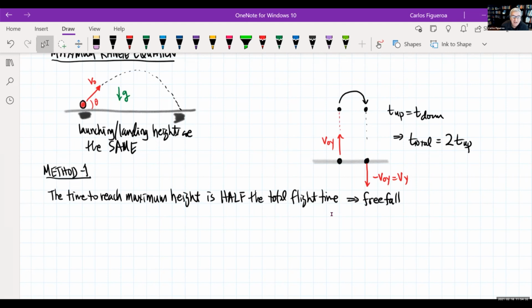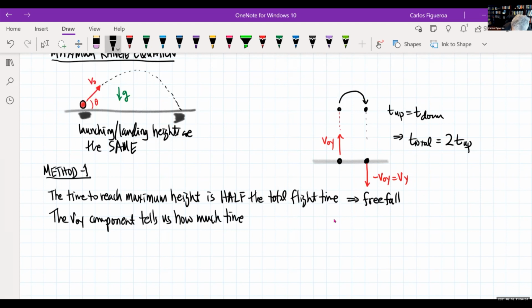So only v initial y determines the time in air. So the initial y component tells us how much time the object is in the air.